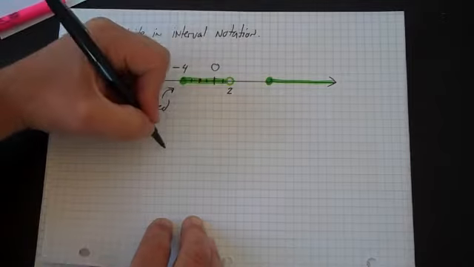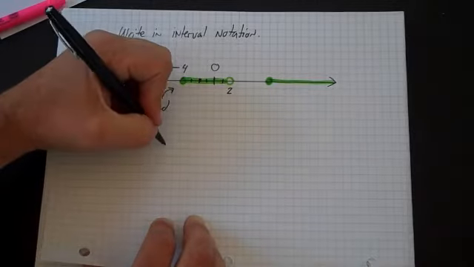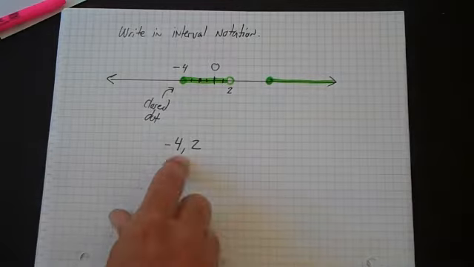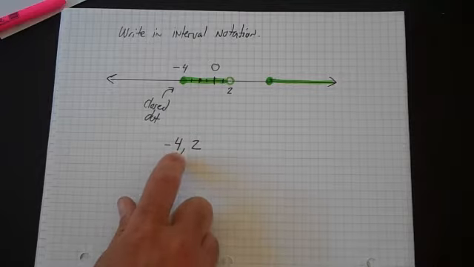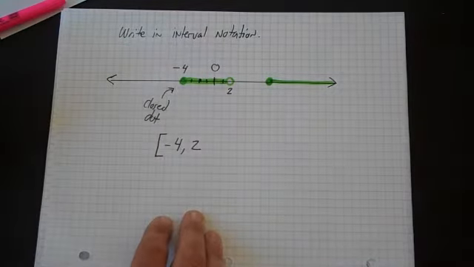The way we write that is you always do intervals by having the leftmost number be the more negative number. So in this case, it goes between minus 4, comma 2. The comma means between. So we look at the interval from minus 4 to 2. Now we want to denote that we are including minus 4, so we're going to use a closed bracket there.